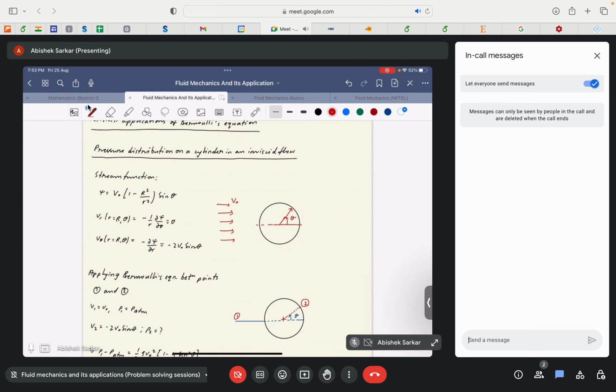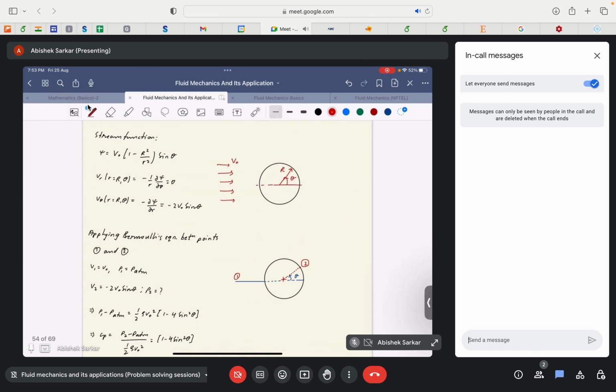This is theta and this is r. So the radial velocity Vr at r equal to R and for any theta is equal to 0. Why? Because we assume that our cylinder has a solid surface, so there is no passing of fluid inside the surface of the cylinder. So here the no penetration boundary condition is applied.